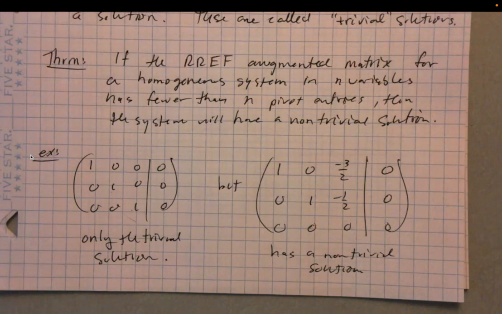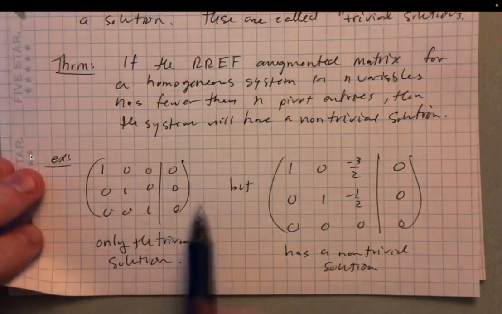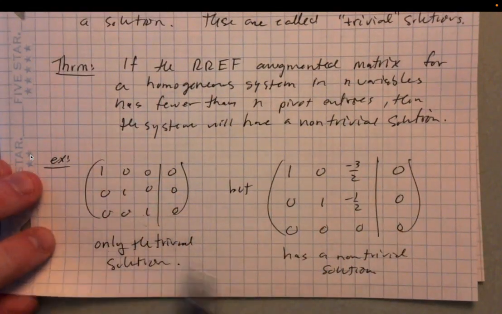It's got an independent variable, right? That x3 is independent. Okay. Very good. So this is what this theorem is describing. And this is only true for homogeneous systems, systems where the scalar matrix is all zeros. Right?